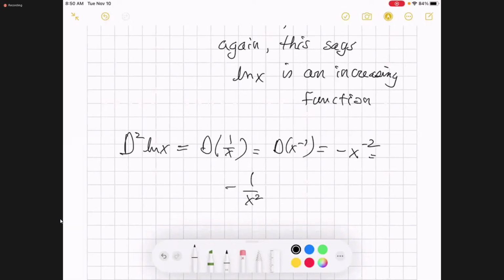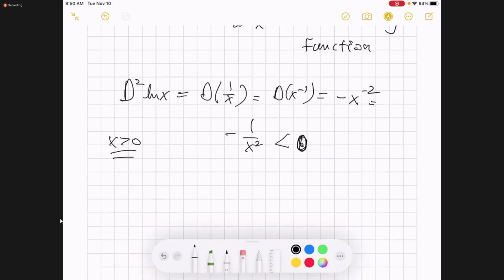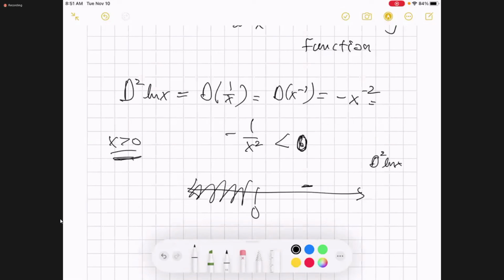And remember, x must be greater than 0 here. x squared is always positive as long as x is not 0, but this number in particular is less than 0, and that's true for anything in the domain. So the second derivative of ln of x is negative. That says that this function is concave down.